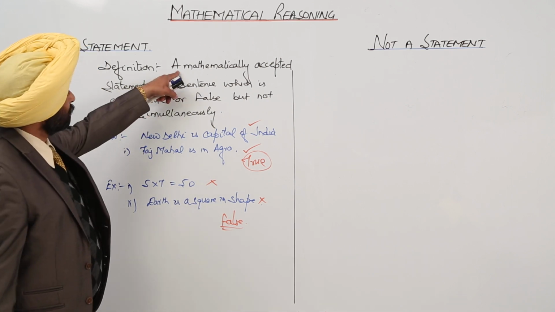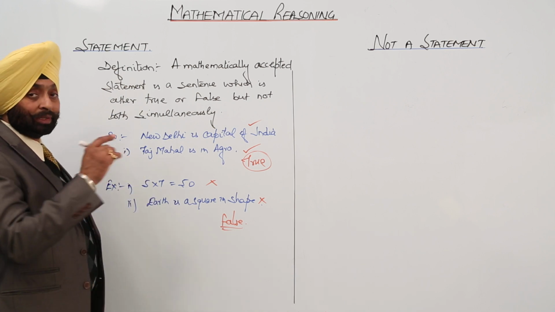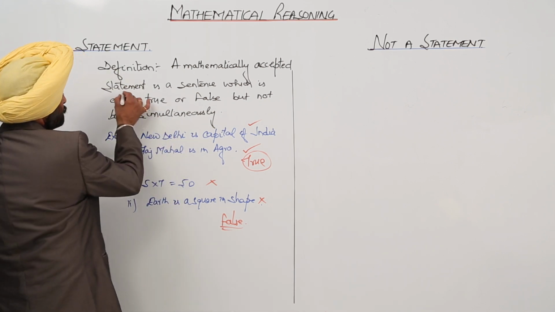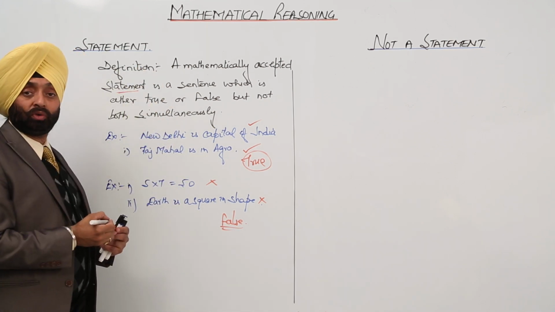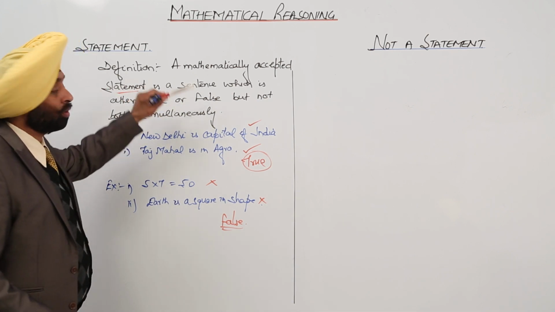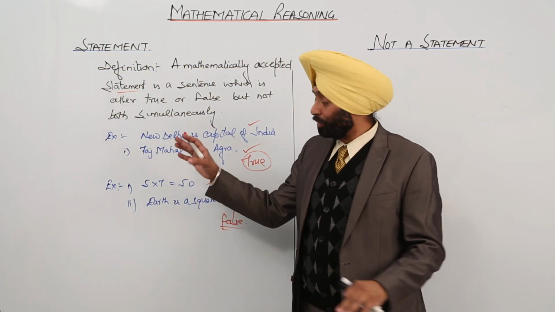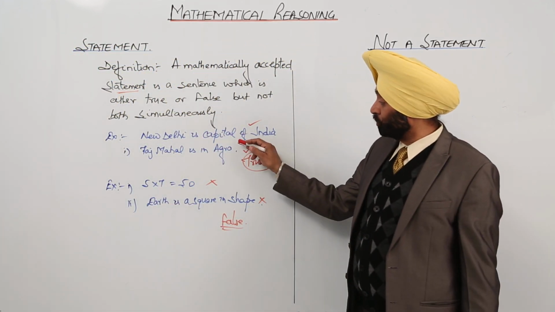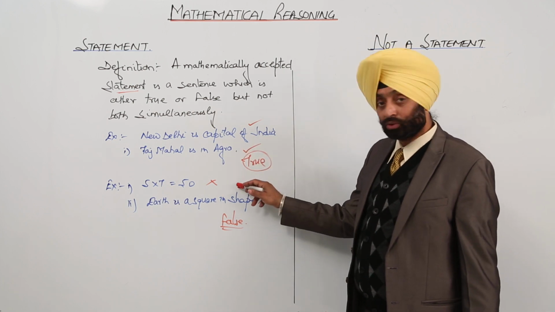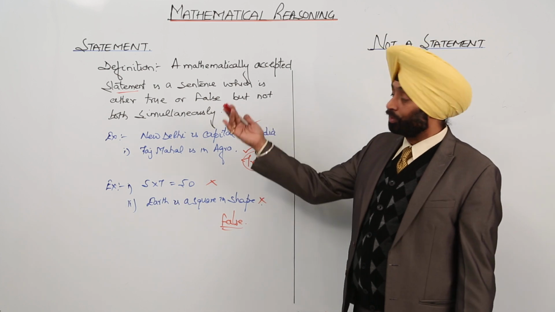Now a mathematically accepted statement, here we are using the word statement, is a sentence which is either true or false. It means both types of examples, 2 examples in case 1, 2 examples in case 2, both are statements.